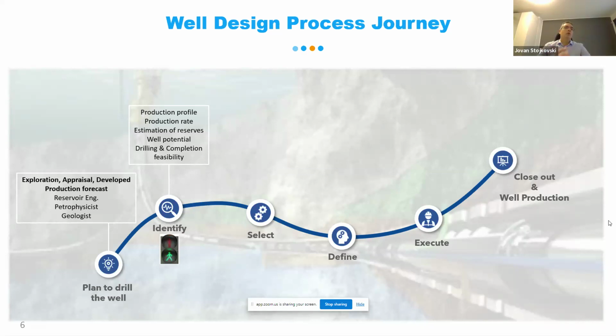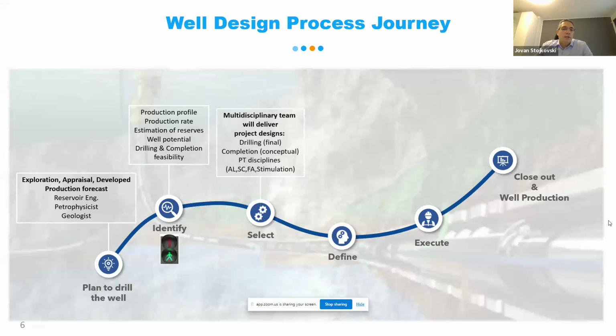So at that moment, we already know that we might have something economically worth producing, where we have the preliminary design for the drilling and completion to see if we can somehow answer all these requirements.